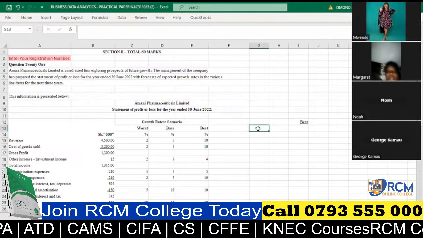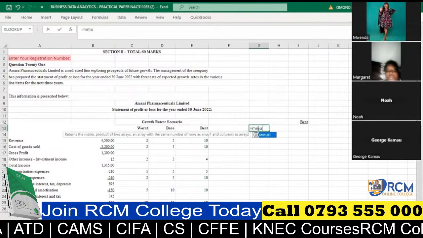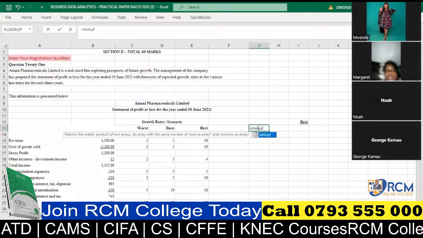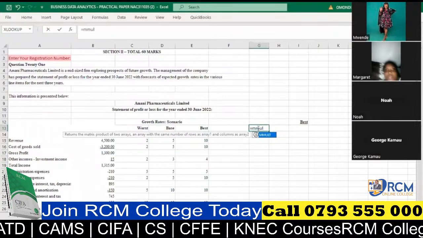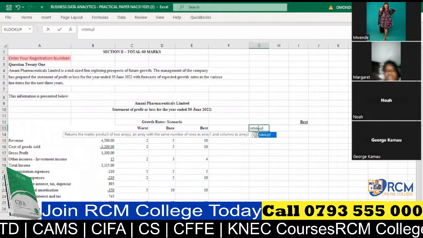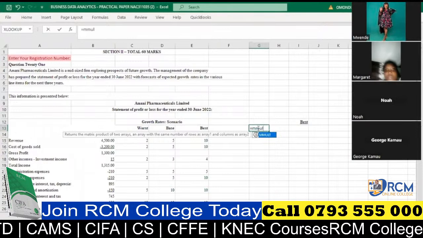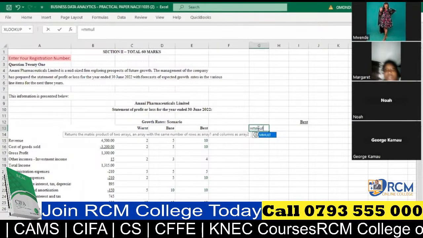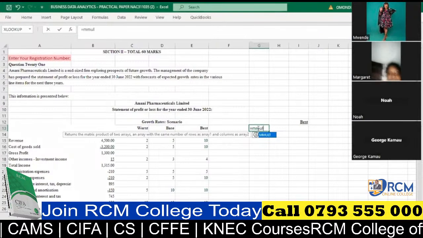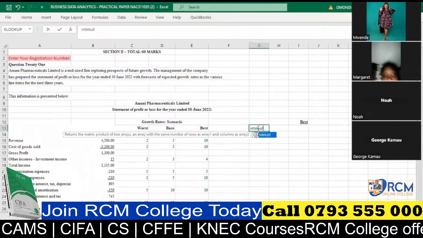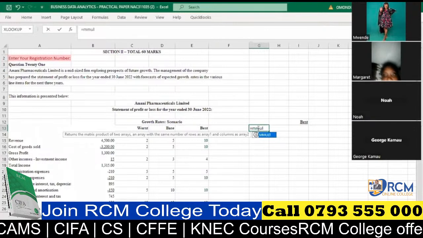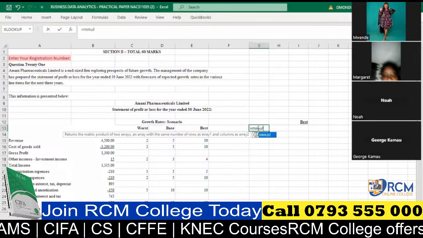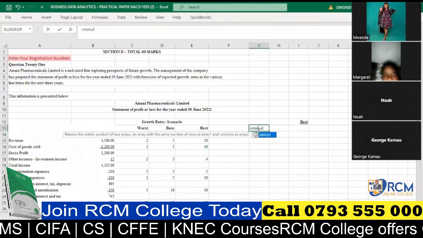The first one we have is equal to MMULT. That is the matrix multiple. It says it returns the matrix product of 2 arrays, an array with the same number of rows as array 1 and columns as array 2. So matrix multiple is an array function.